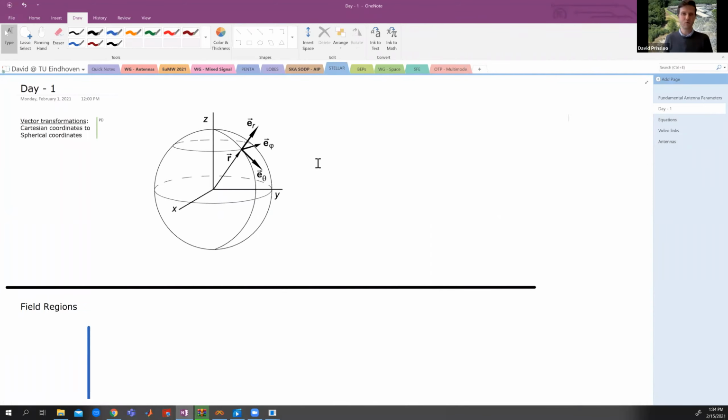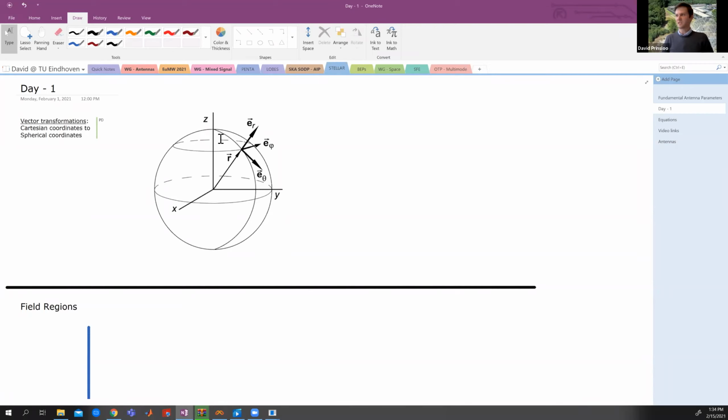I think all of you, given the background that I saw, would recognize this as the spherical coordinate system. I remind you of that because I'll be using these field components throughout the course, especially at the start, so that we're all on the same page.